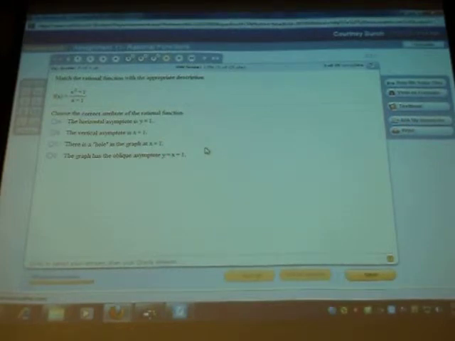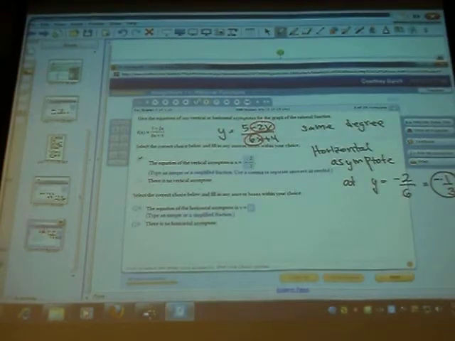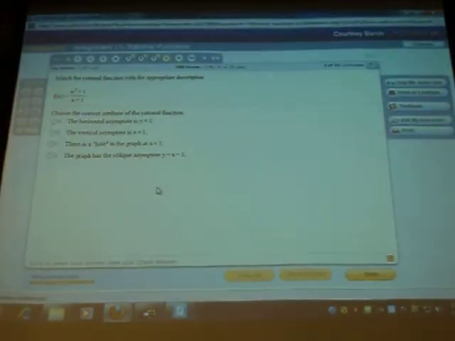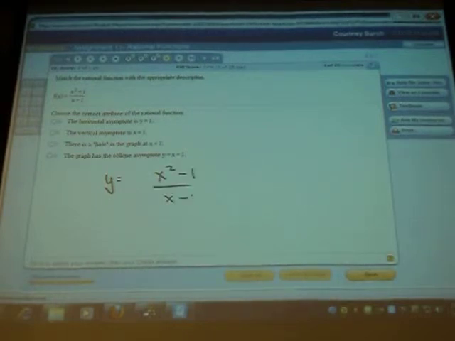Okay, let's look at number 8. Number 8 is where we're going to see a hole in the graph. Okay, so the domain for this one, if x minus 1 is my denominator, then I cannot have x equal to 1.